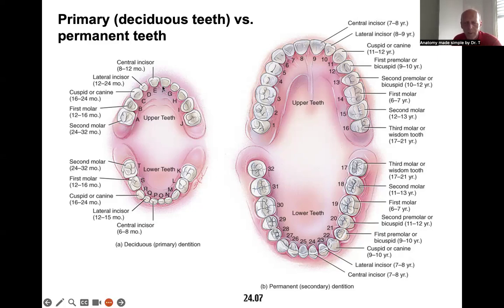There is also a bit of a difference between what deciduous versus permanent teeth are named. So we would have the same for central and lateral incisors.